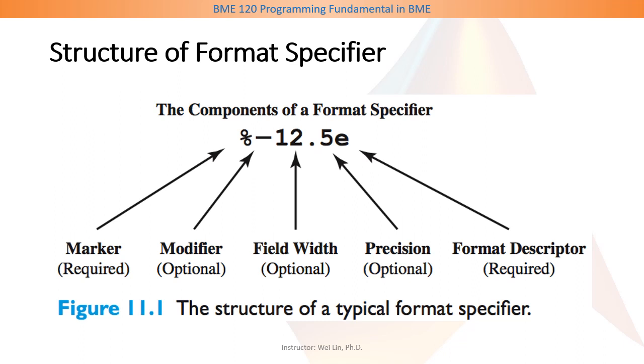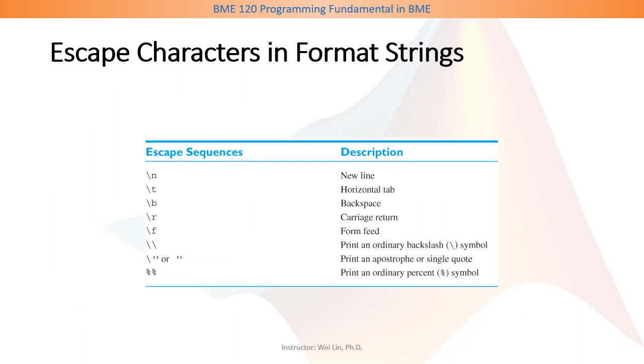For example, in this case, the field is 12 characters wide, and the field for the decimals is 5 characters wide. The last is a format descriptor, whether it's in the form of a floating point or an exponent. This is a table of the escape characters in the format string.